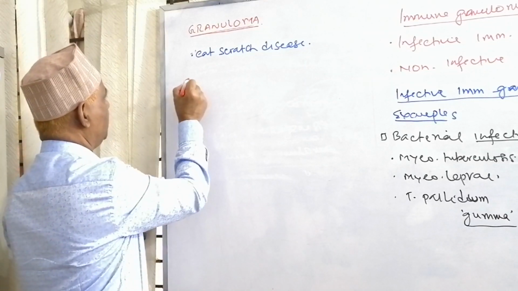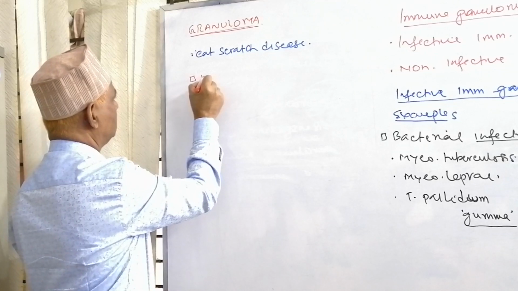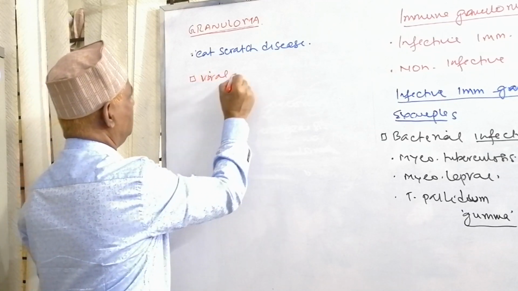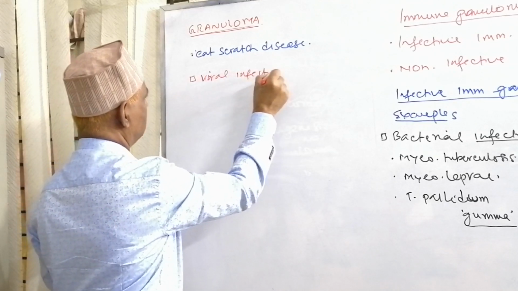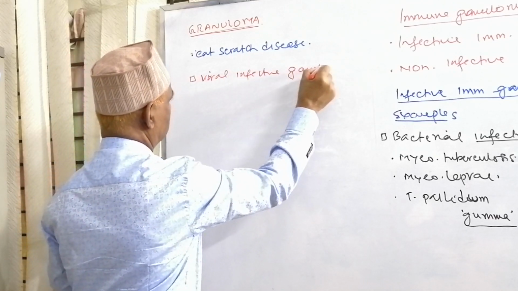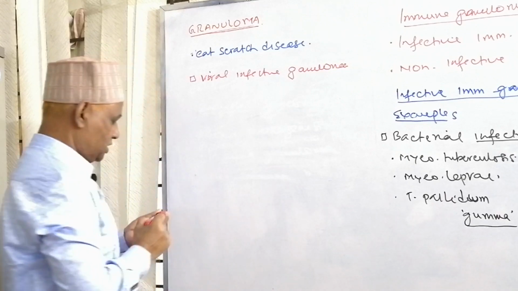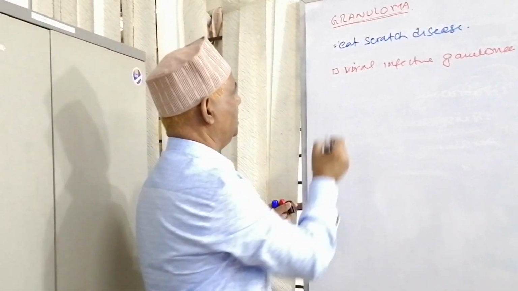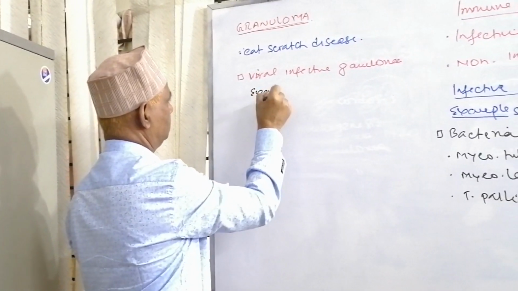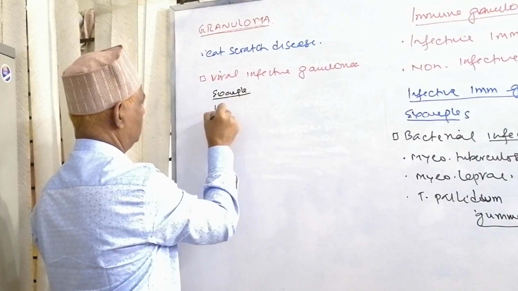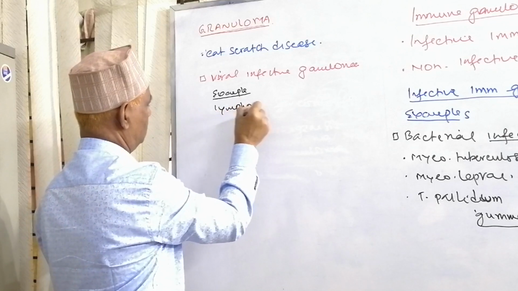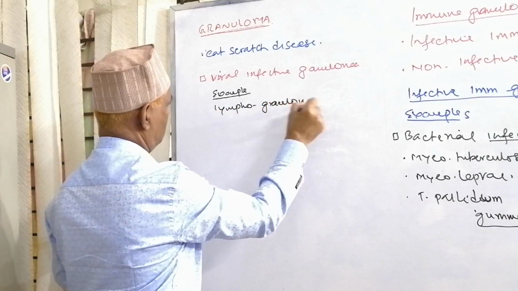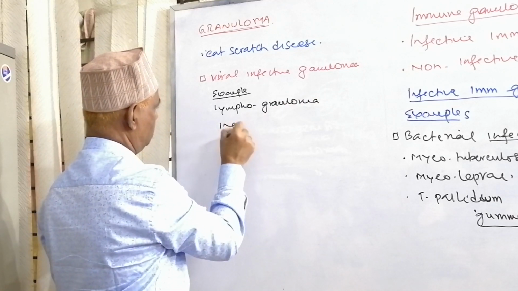Now come to viral infective granuloma. An example of viral infective granuloma is lymphogranuloma inguinale.